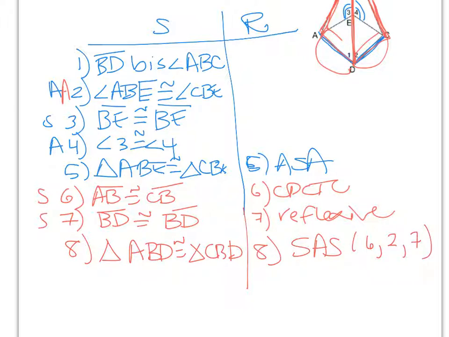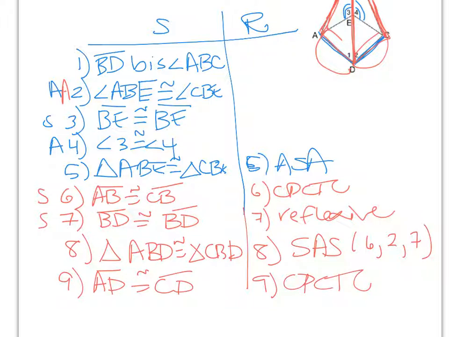Sometimes with the detours it's good, especially with that second triangle, to remind yourself where all that information came from. So we have those two triangles congruent, and that's all we need to get to our final statement because we were just trying to prove that AD was congruent to CD, and we can now do that by CPCTC of our second set of triangles.